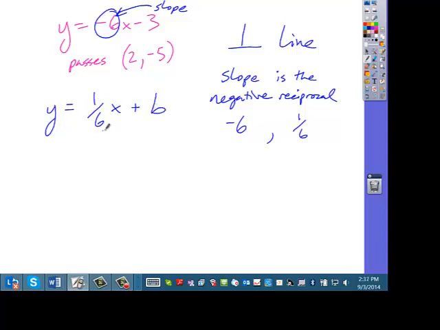I know that my slope is going to be +1/6, negative reciprocal of -6, which is the slope of my original line. This is the point that it passes through. That's my x, that's my y. These go in here. So -5 equals 1/6 times 2 plus b.